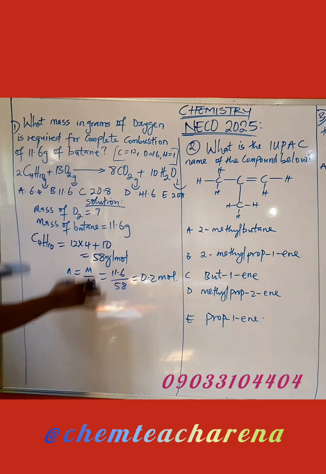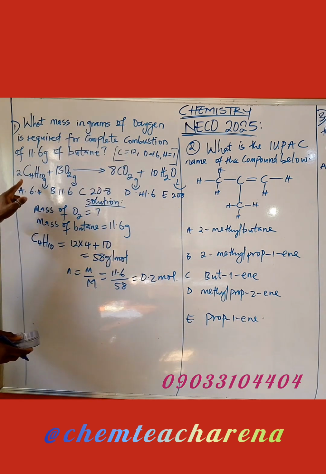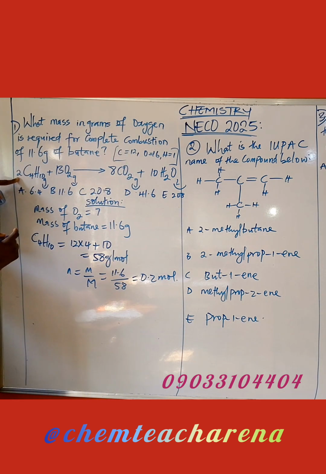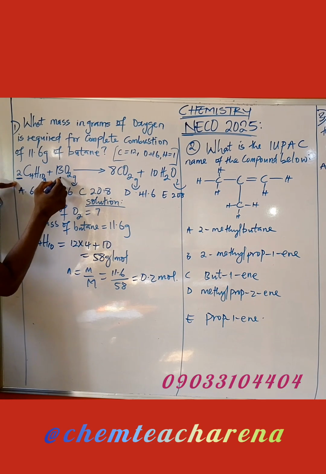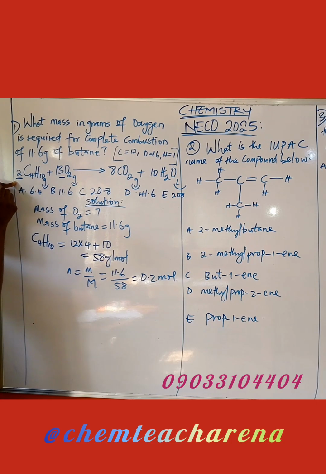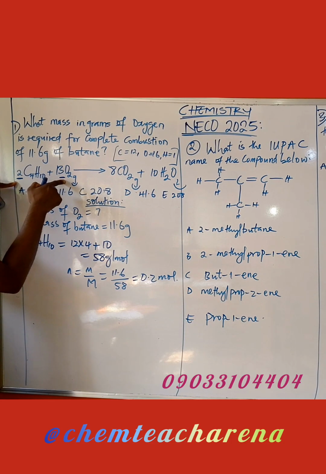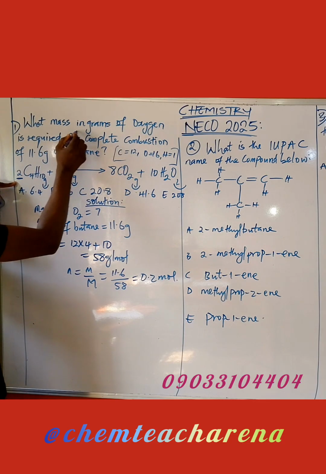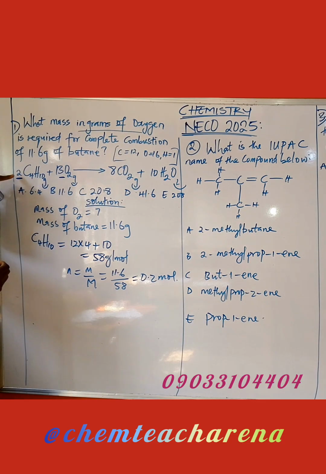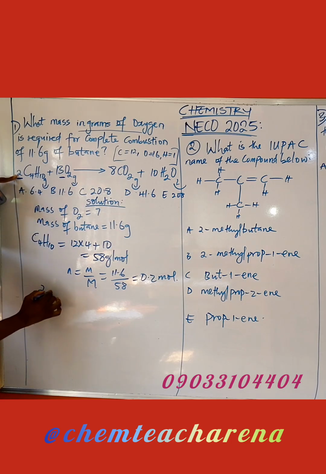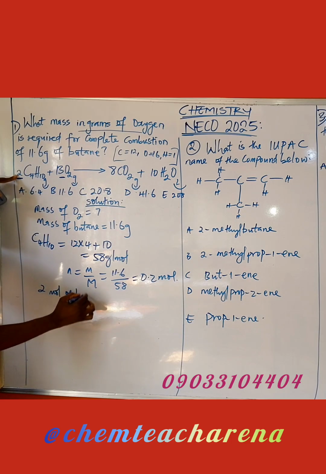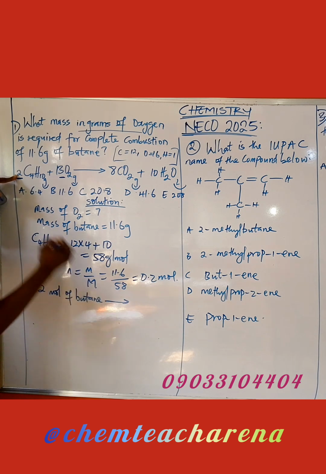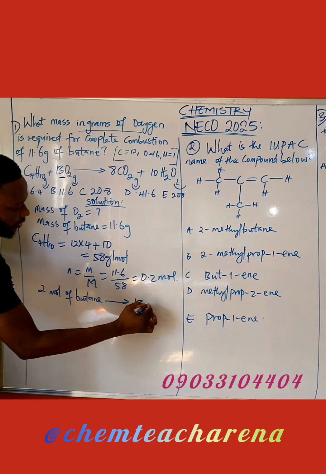This is stoichiometry. From the equation, 2 mole of butane reacted with 13 mole of oxygen.